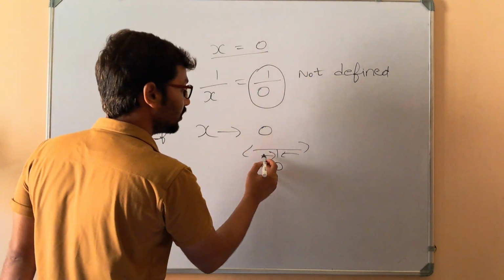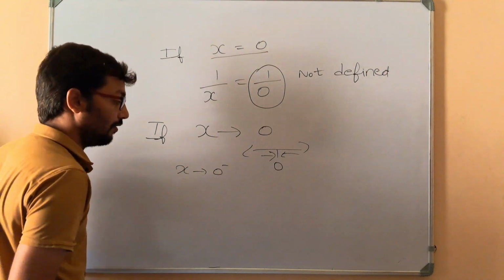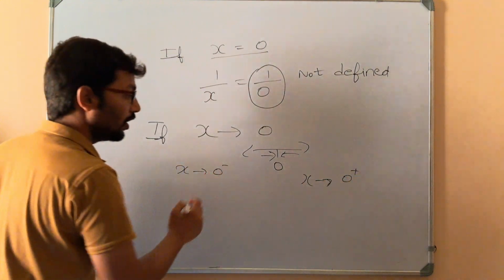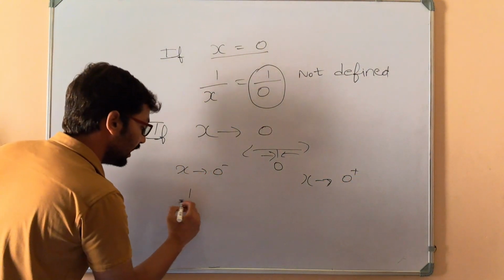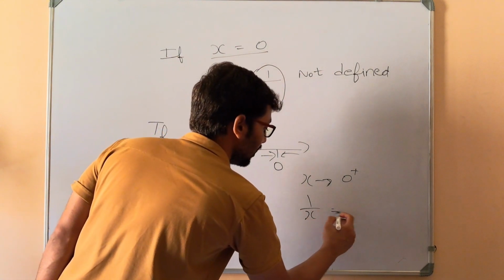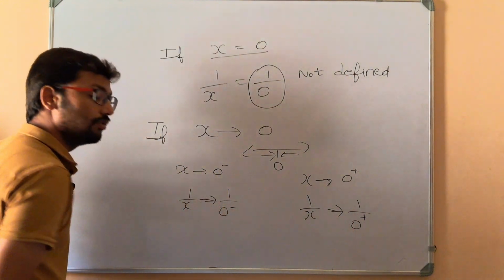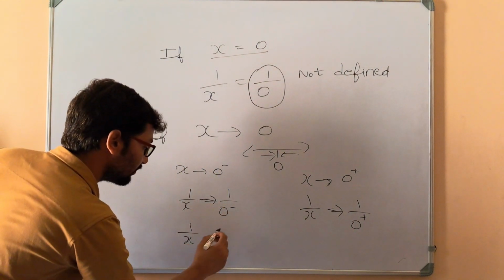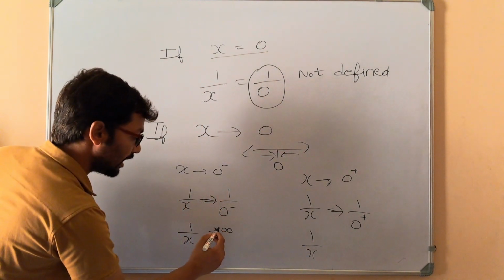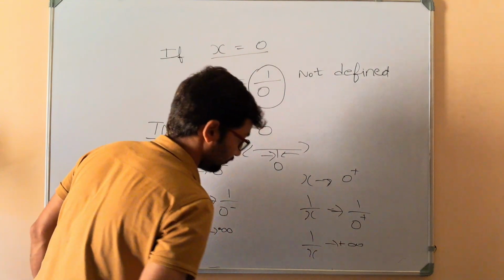If x tends to 0 from the left side, it is 0 minus, negative. So 1 by x will be infinity. Here it is negative, so minus infinity. Here it will be plus infinity.